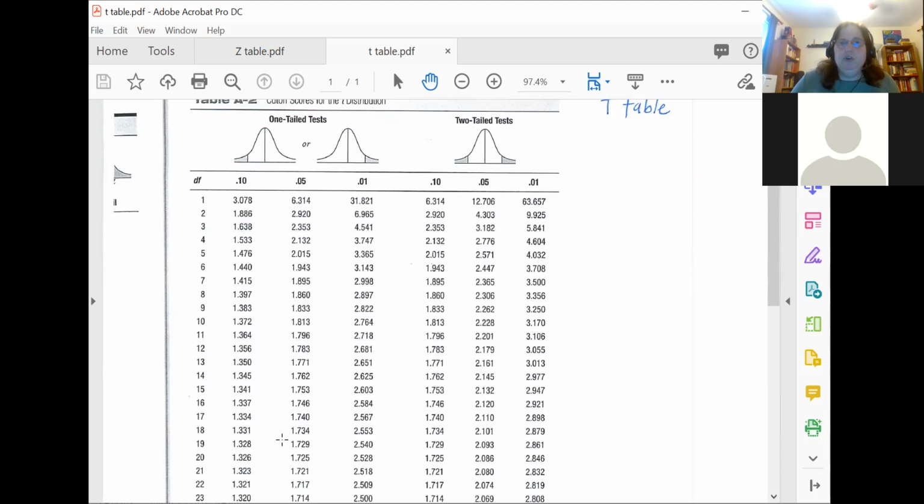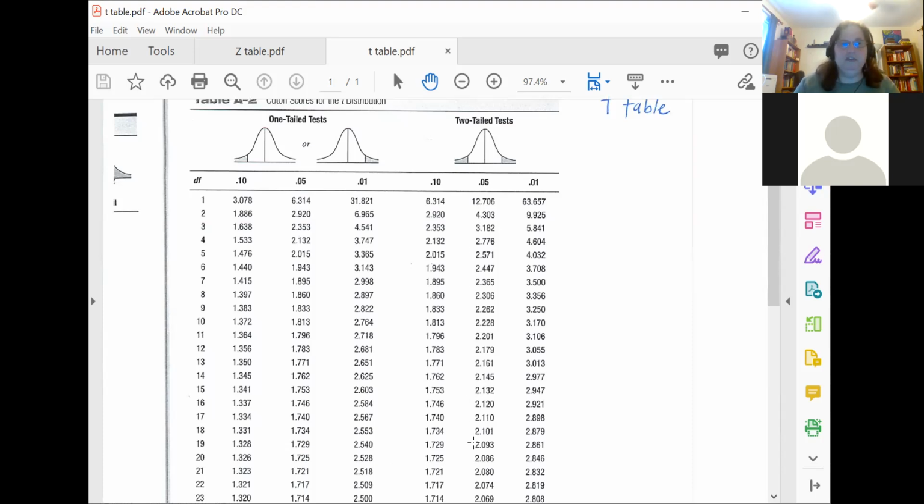Because this is one-tailed, I have to know, am I trying to beat positive 1.725 or negative 1.725? The way I know that is by which direction the problem is stated. If it was two-tailed, we'll keep the same example. Alpha is 0.05, and it's a t-test for independent samples with two samples, 10 and 12.